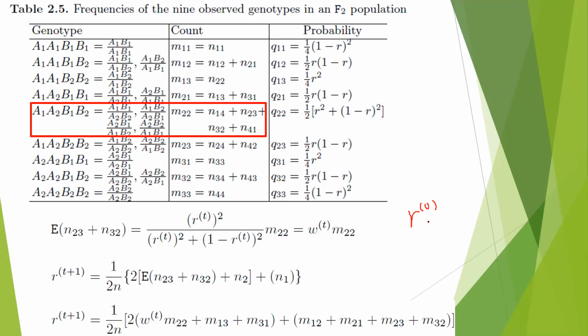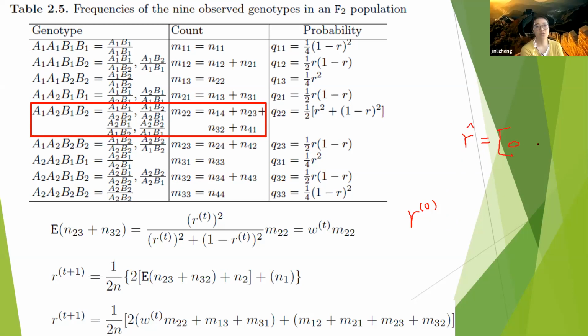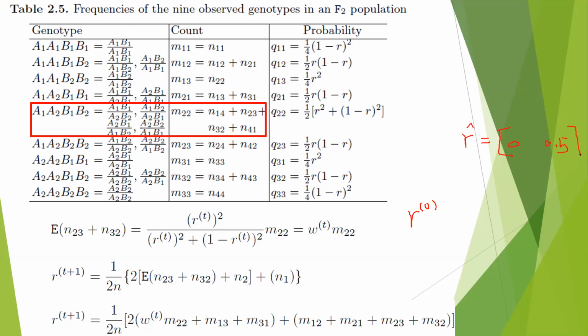Because we know what we are doing here. We want to estimate this R, the recombination frequency. And we know this R should be any value between 0 and 0.5. So this is the legal range we can choose for assigning an initial value to R0.